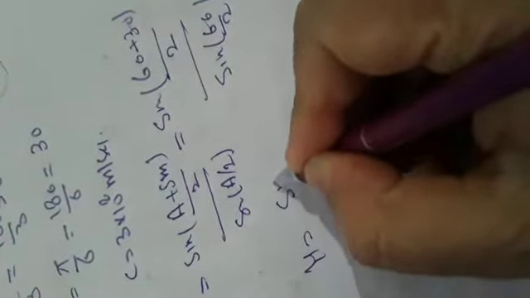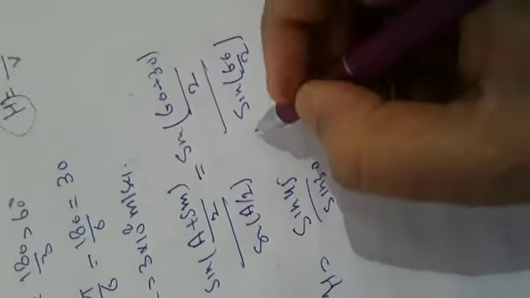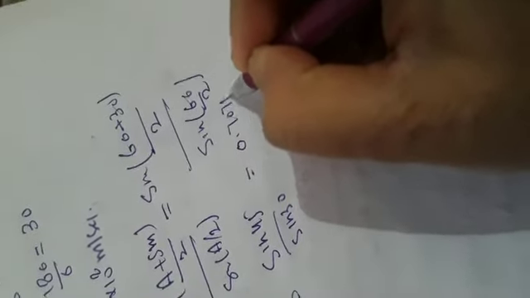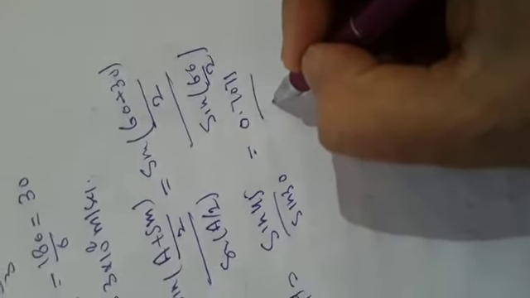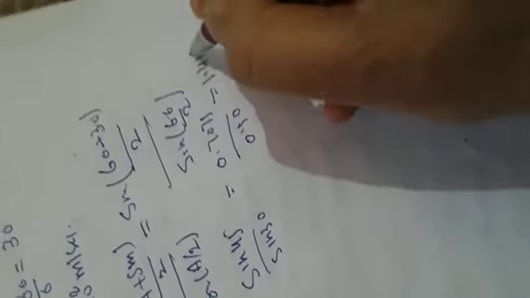So mu is equal to sin 45 divided by sin 30. The value of sin 45 is 0.7071, and sin 30 is 1 by 2, which is 0.50. When I divide this, I get 1.414. That is the refractive index.